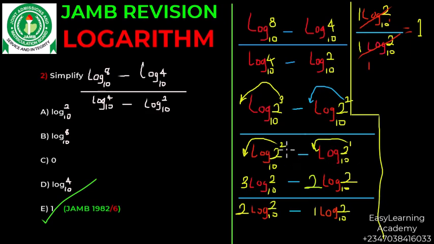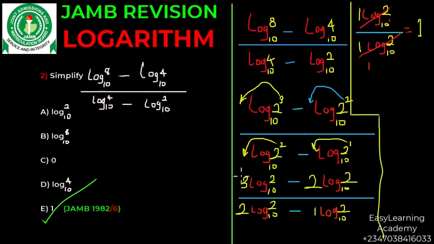Now, following the law of logarithm, in which the power comes behind to multiply everything, this 3 came behind to multiply, giving 3 log 2 base 10, minus this other power of 2, which came behind to multiply and became 2 log 2 base 10.